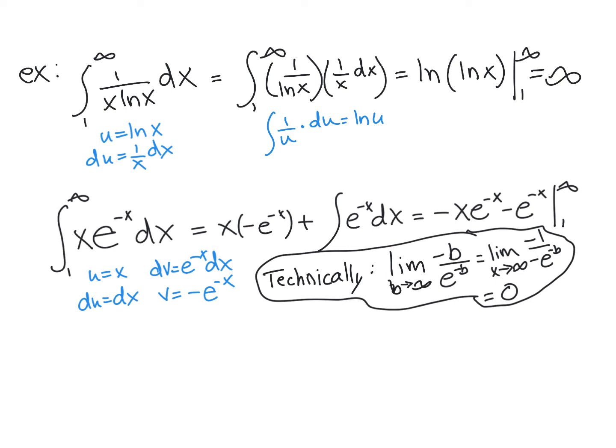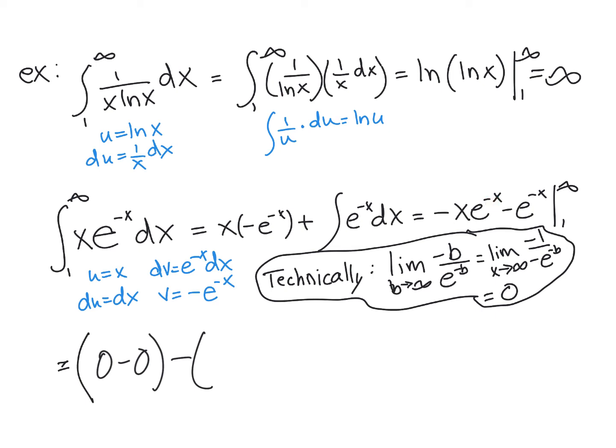All right, so let's continue this problem. So we are going to get, in the first place, when we plug in the infinity to this piece, we're going to get 0. Plug in the infinity to this piece, e to the minus infinity will be e to the plus infinity in the denominator. We're going to end up with a 0 minus a 0. Now, we have to be able to plug in the 1 as well. Pay attention. Minus 1, e to the minus 1.